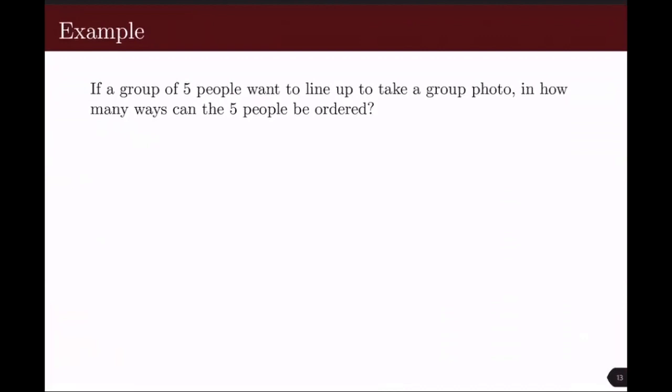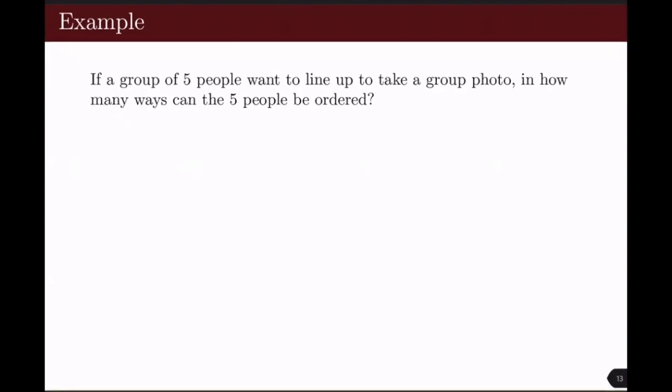Example. A group of 5 people want to line up to take a group photo. In how many ways can the 5 people be ordered? Now this is one of those questions where order matters. No person can stand in 2 spots, right? So I've got 5 spots for my people.